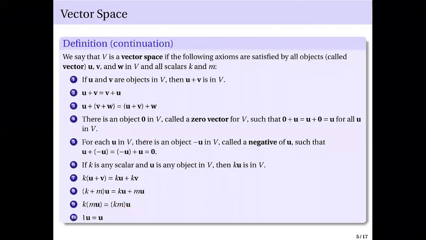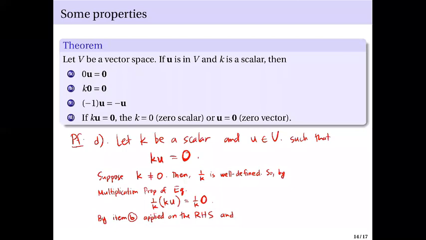And by axiom 9, applied on the left-hand side, we will have the quantity 1 over k times k, multiplied to u. This is equal to the 0 vector.